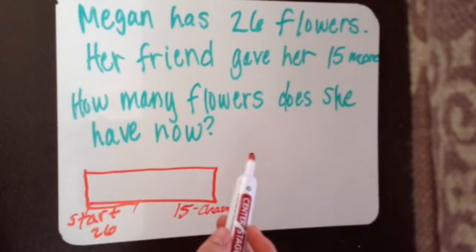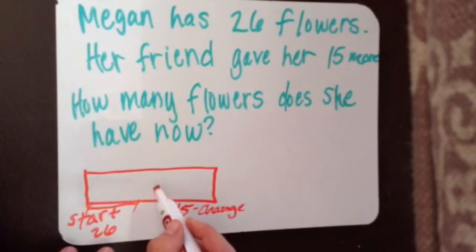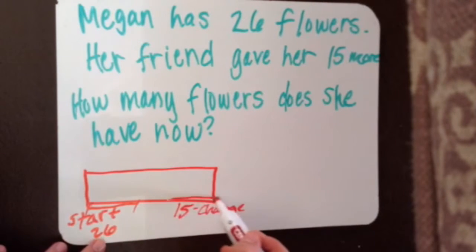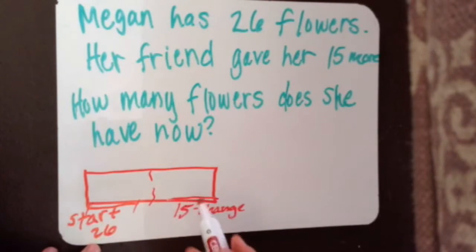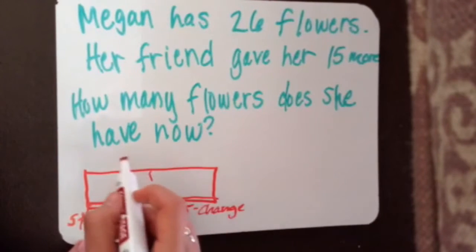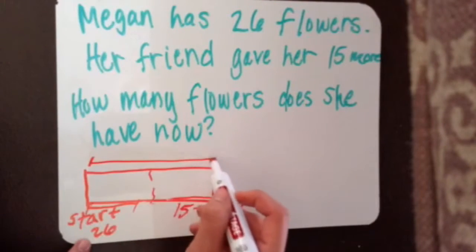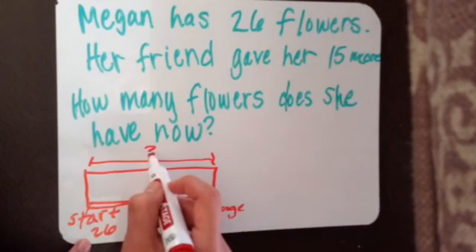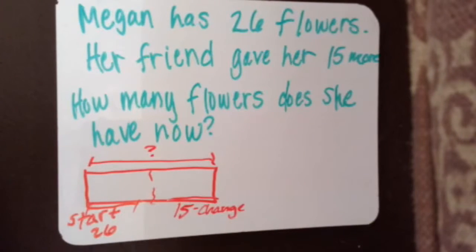How many flowers does she have now? Another way you could say this is how many flowers does Megan have altogether? We will be working with the join-add problem structure.